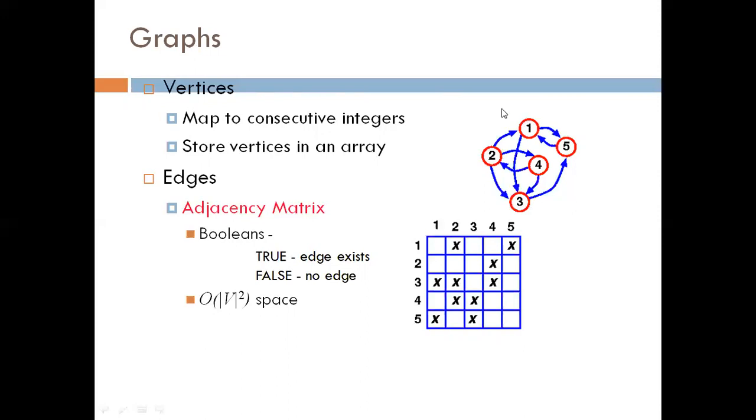Just like in a tree, the root pointer points to the root node. In the same way, to access elements in a graph, an arrow, a pointer is used to point to the source node, and from that source node we can access other elements via edges. So you can see all these nodes are connected by edges.